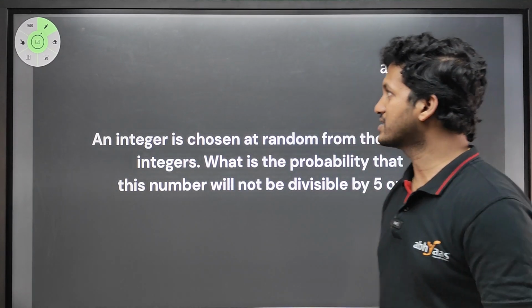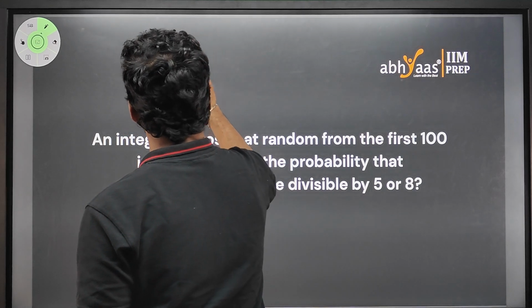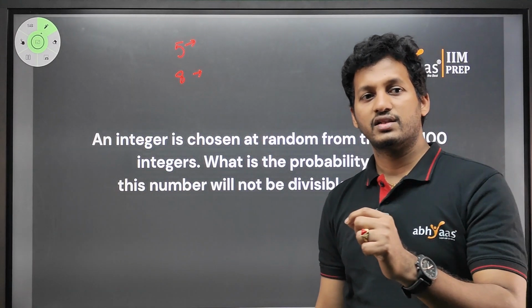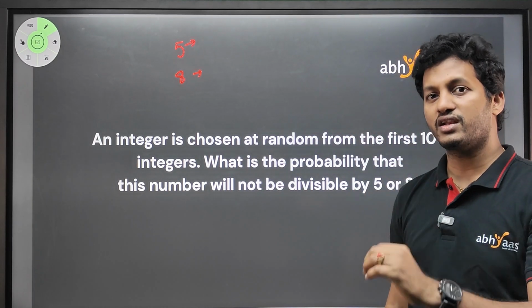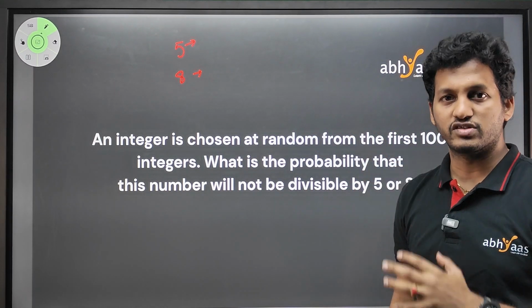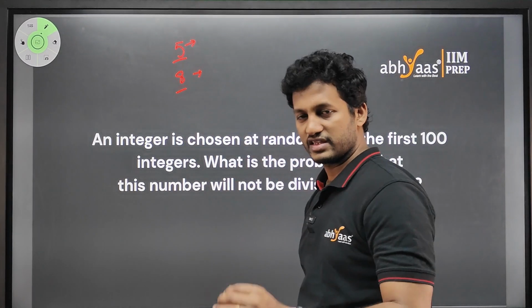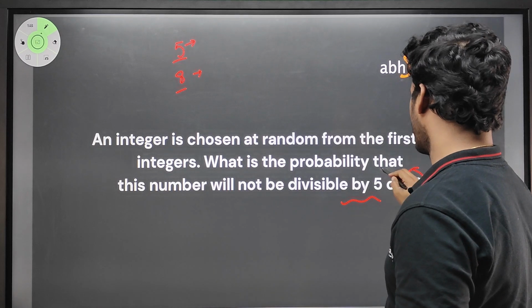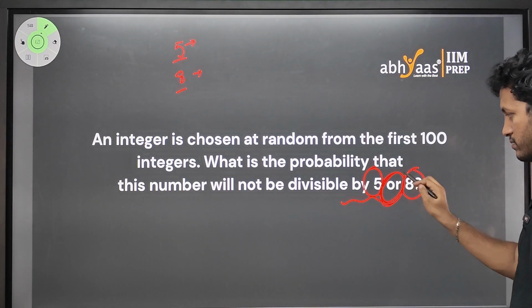We can easily say how many integers are divisible by 5 or 8. So the important thing here is not 'and' but 'or'.